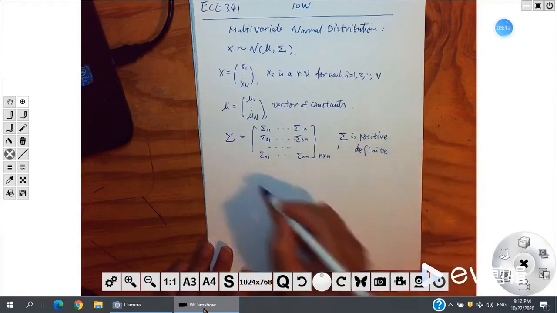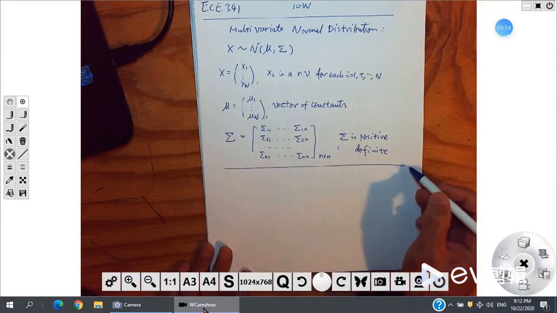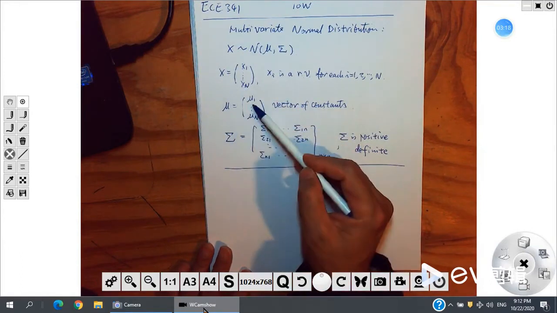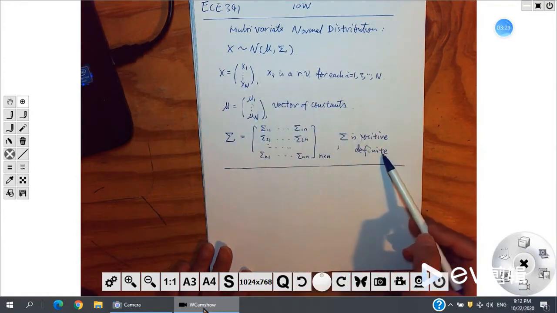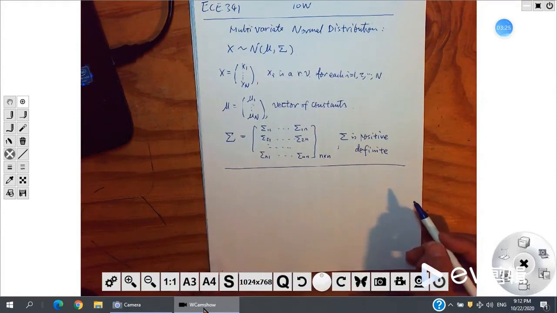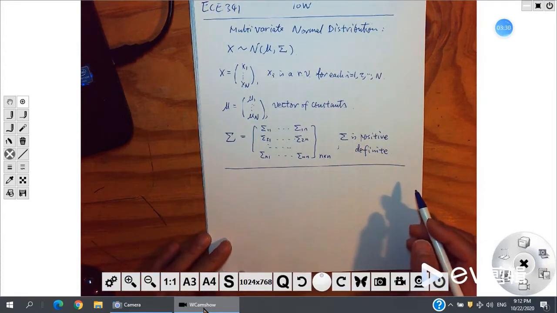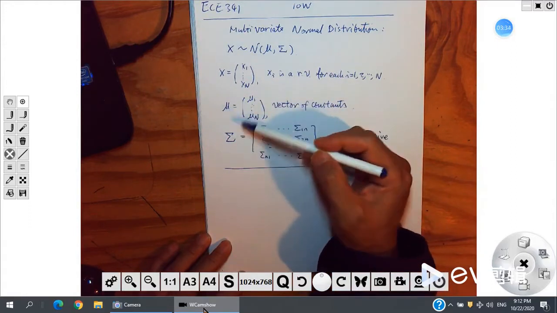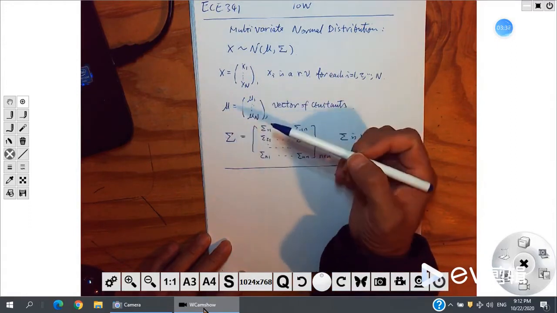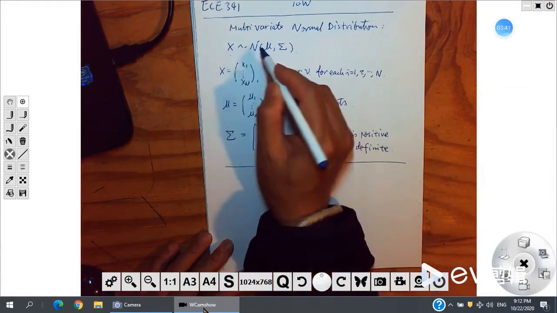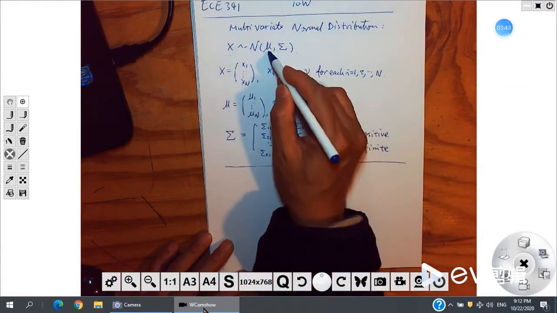Okay, here we have these matrices and vectors, positive definite. They are concepts coming from linear algebra. So if you forgot, then you need to go back to have a review. But here we only need some very basic things related to matrices and vectors. All right. Okay, we say X obeys a normal distribution with this mu and sigma.